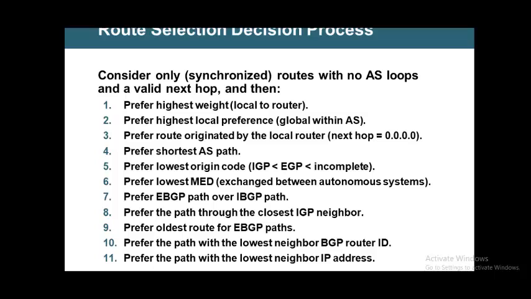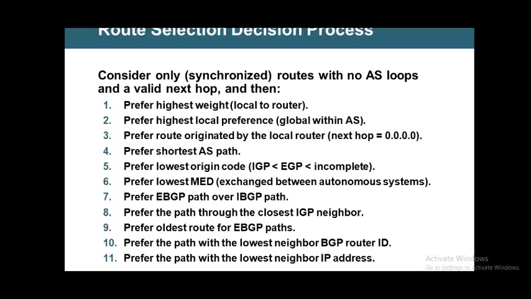If I have multiple paths which are synchronized, meaning with a valid next hop, only then will it check whether one of these neighbors has high weightage. I told you, if you have multiple paths, very important, and that too they are synchronized.